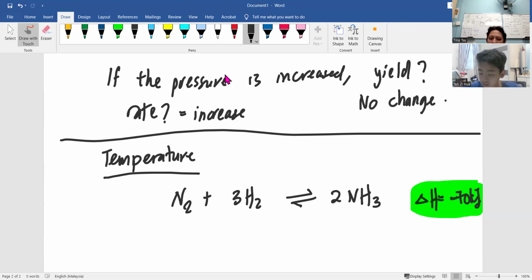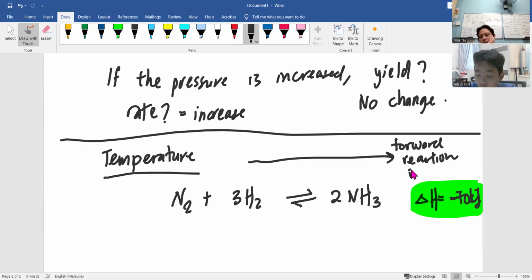That means this forward reaction is exothermic. Remember? Negative is exothermic, positive is endothermic.